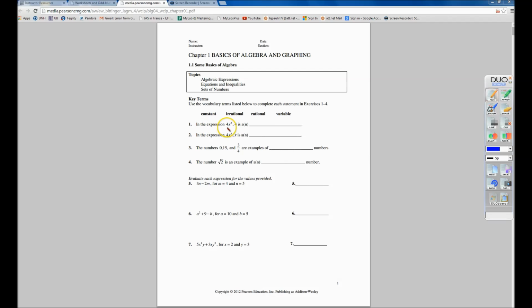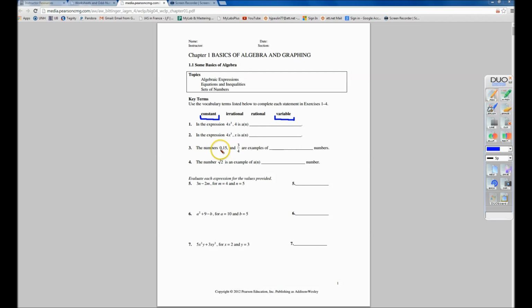In the expression 4x to the third, 4 is what? 4 is the constant. In the expression 4x to the third, what is x? X is the variable.